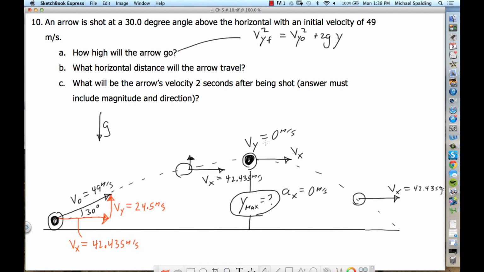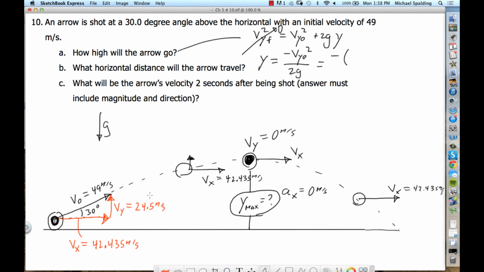What do we know about Vy at the final? Up here, at the very top, what do we know about Vy? It's 0, so now you can solve this for y. Y will be negative Vy initial squared over 2g. So this is going to be negative.